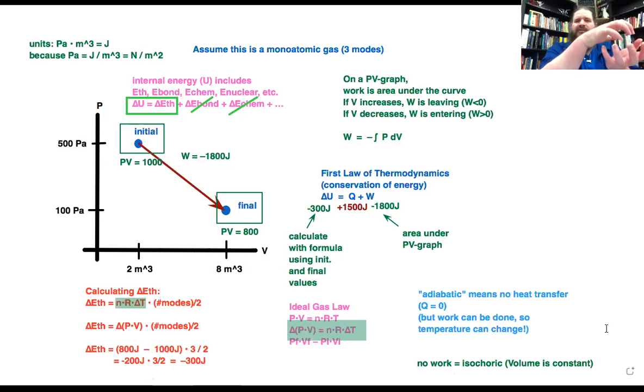Like a rigid box where the walls cannot move, the gas is not doing any work on the walls. The only way work can be done is if the walls are allowed to move, which involves a change in volume. So no change in volume means no work is done.